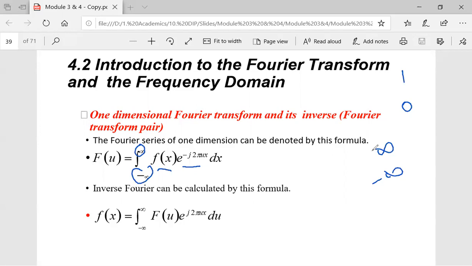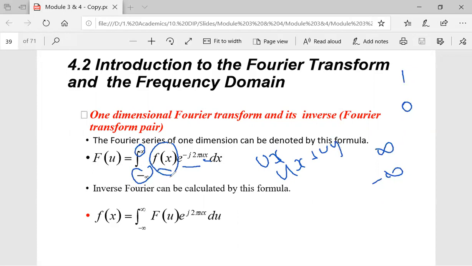So f of x, you already know, is a single-dimensional image we are talking about, which is why x is a single pixel. E to the power of minus j 2 pi ux is the kernel, where ux is for the single dimension and ux plus vy is for the multidimensional Fourier transformation.